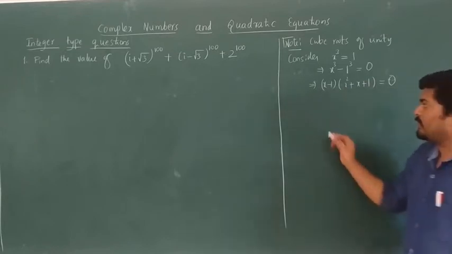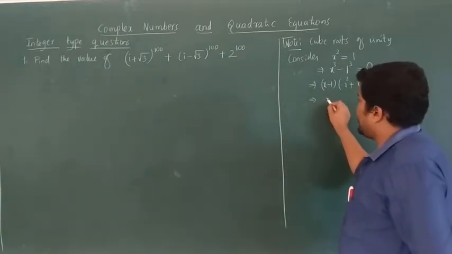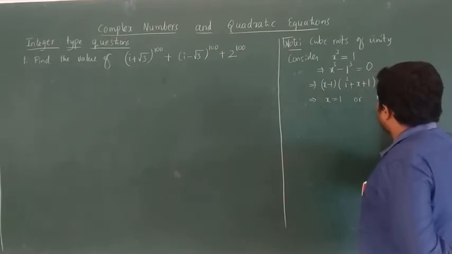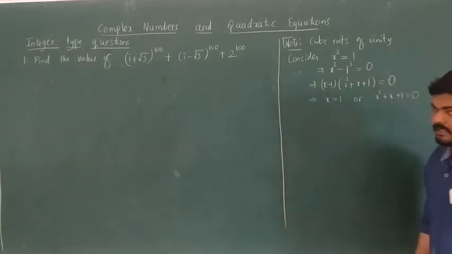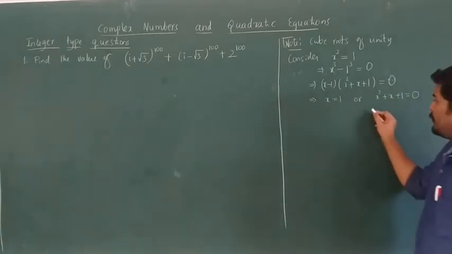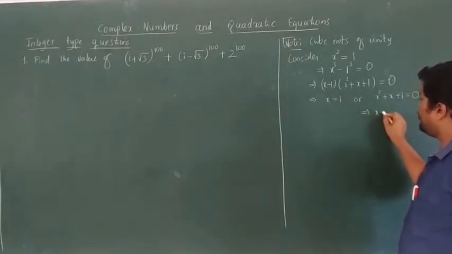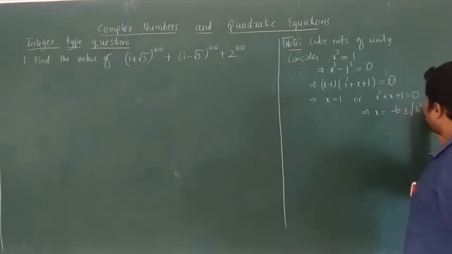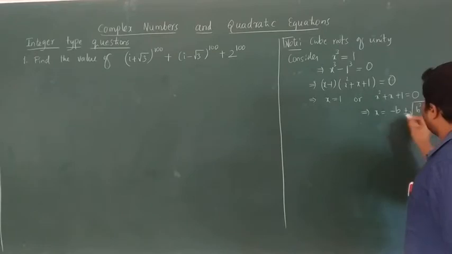Now see here, this implies either x is equal to 1 or x square plus x plus 1 is equal to 0. Now this one is a quadratic equation. Here we are supposed to find the root by using the formula minus b plus or minus square root of b square minus 4ac divided by 2a.